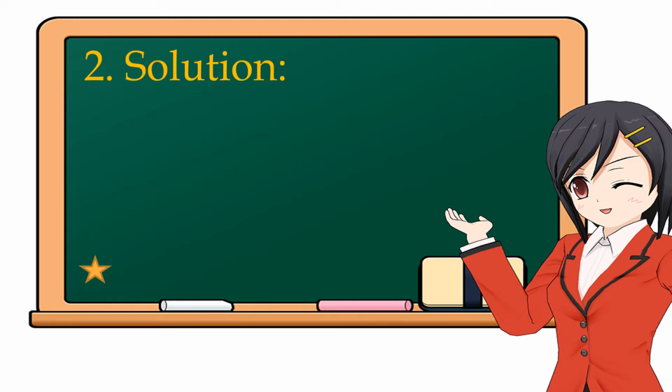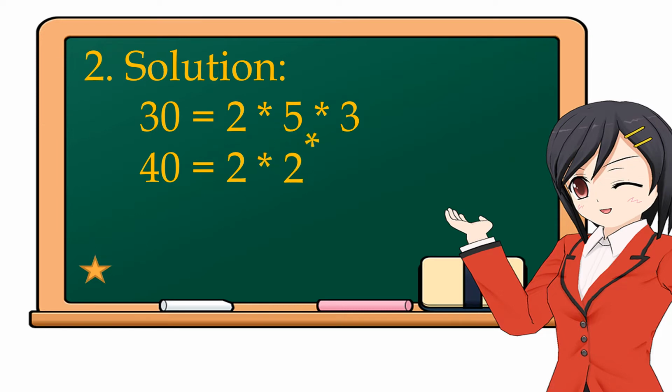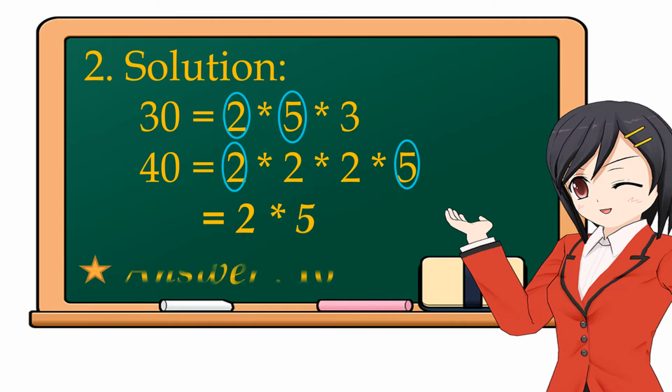For number 2, we have 30 is equals to 2 times 5 times 3. And 40 is equals to 2 times 2 times 2 times 5. So they have two common factors, which is 2 and 5. So the answer is equals to 10.